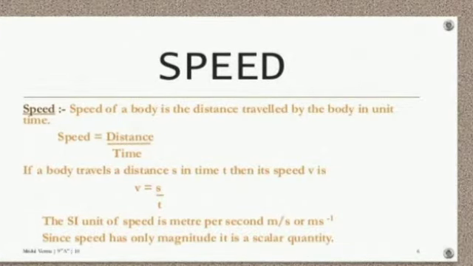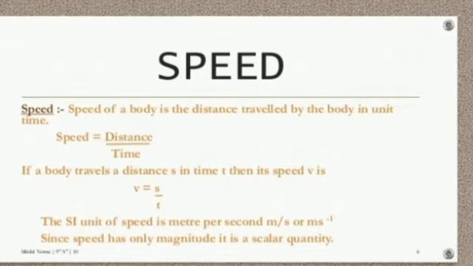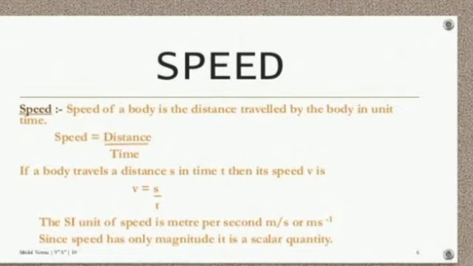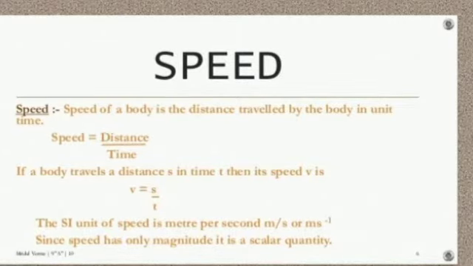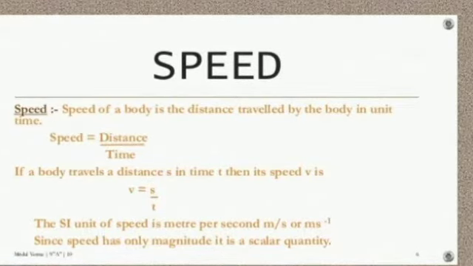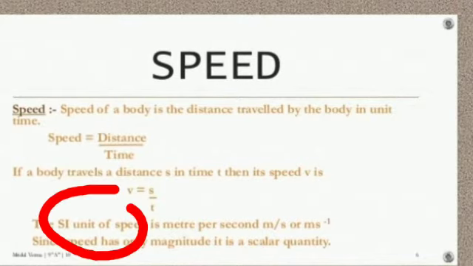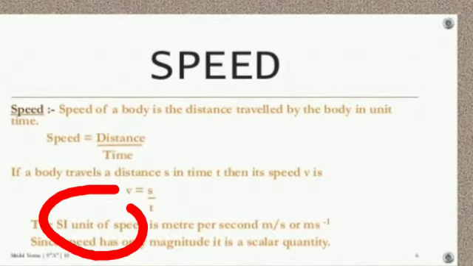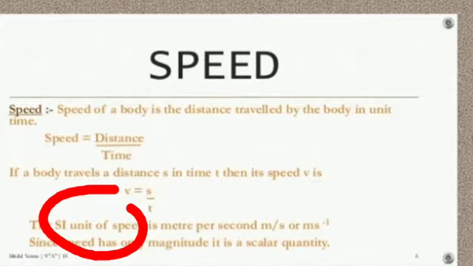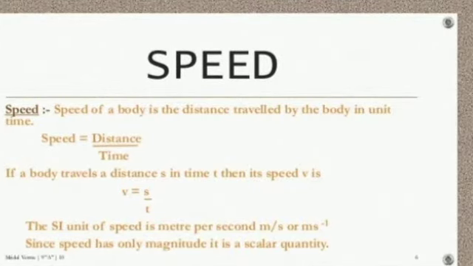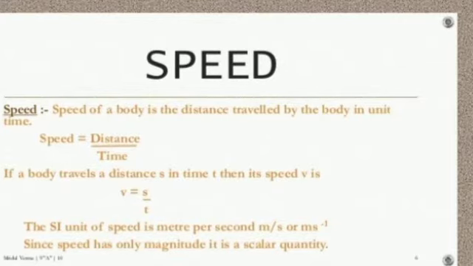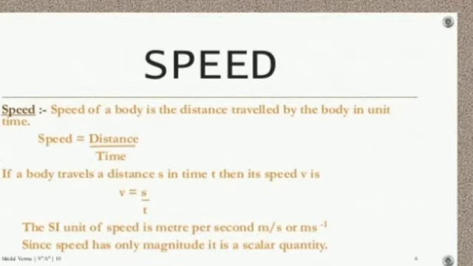A body travels a distance s in certain time t, then speed v is given by v equal to s by t. The symbolic representation of speed is v, distance s, time t.